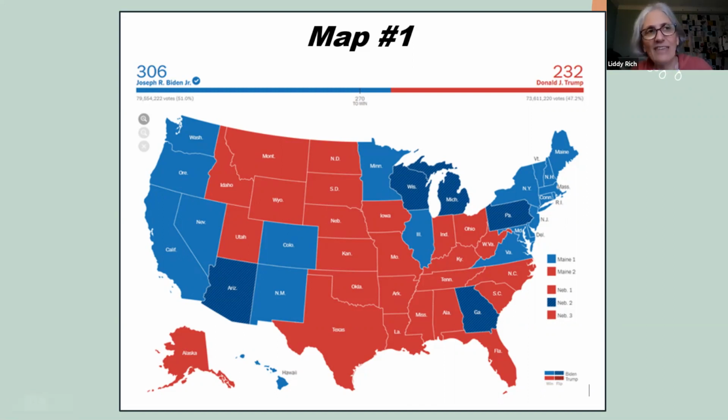And my students just sat there, and it was quiet for a really long time. I tried to push a little bit more, and I finally let go of it, and we just looked at the big numbers, the 232 for Trump and the 306 for Biden, and I let it go, and just chalked it up to, it was a bad day. It just didn't quite work.